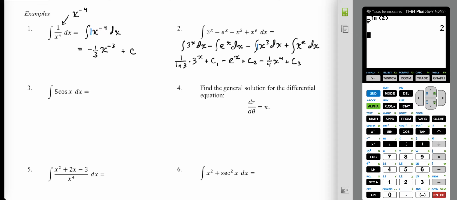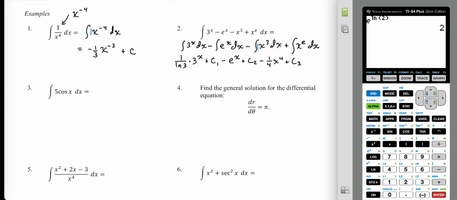All right. So the idea here is for you to see the e and think, oh, this is an exponential, like e to the x, but it's not, because it's not a base of e. It's x to a numerical power. So this is more like x to the 3rd than it is like e to the x. So this is a case where you increase your exponent by 1 and divide by the new exponent.